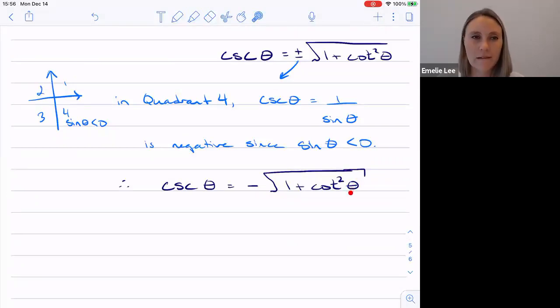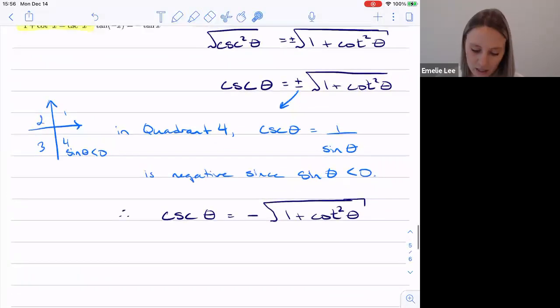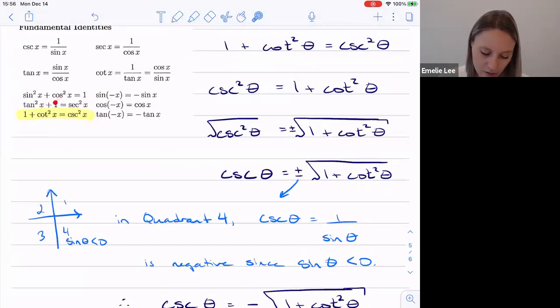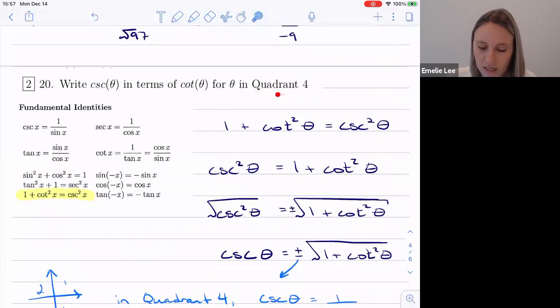When you have to rewrite it, usually you grab one of these, and it's usually from these 3 identities. Then you have to figure out if it's positive or negative, typically, because you'll see all of these have squares in them. So then you'd have to take the square root, and that's where the positive or negative comes in. But that's why I tell you which quadrant you're in.